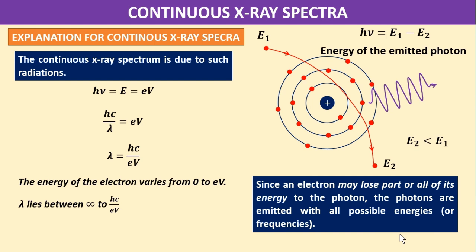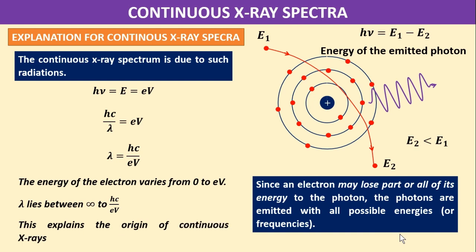When the energy loss is 0, the lambda will have a maximum value, that is infinity. As the energy loss increases towards eV, the emitted wavelength will be lesser and lesser, and it will be equal to hc by eV.